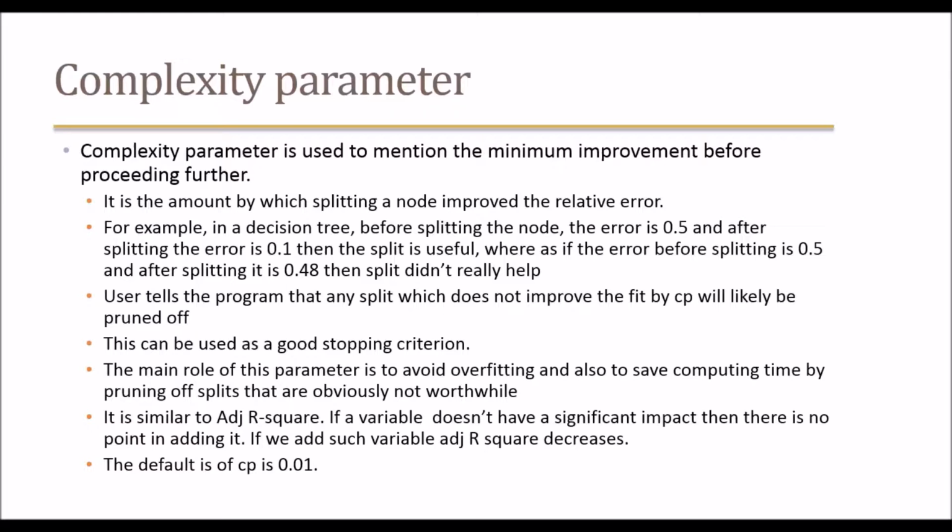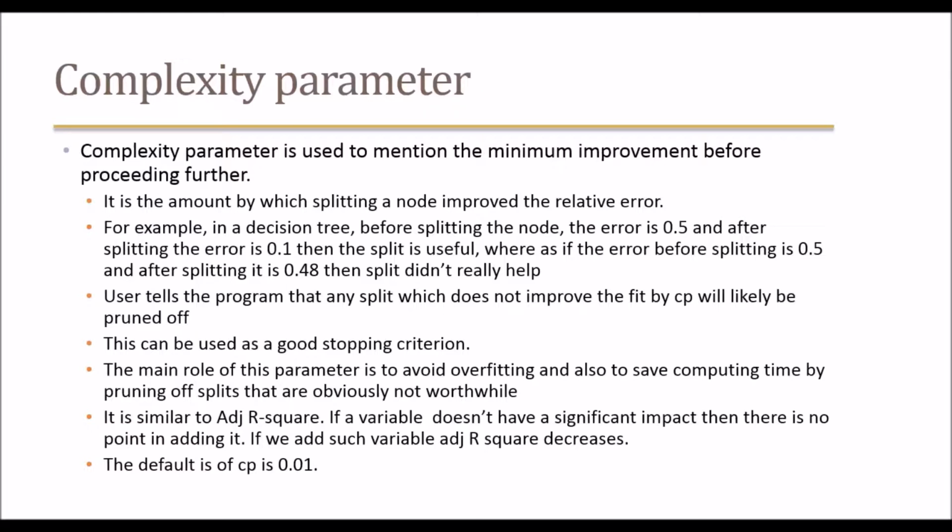Then the split is really worthwhile. Now say before splitting the node, the error is 50%, and after the split, the error is 48%. Then that split is not really worthy.